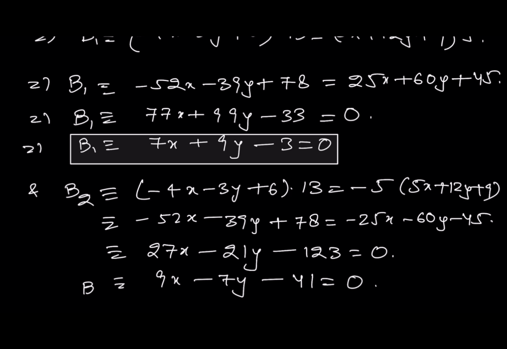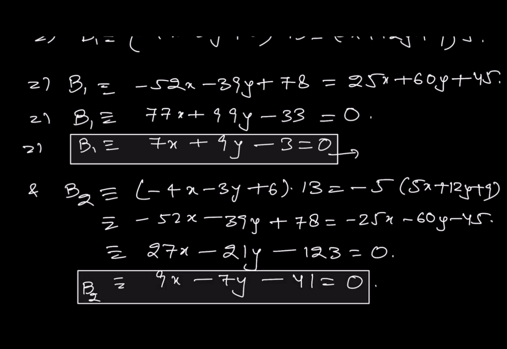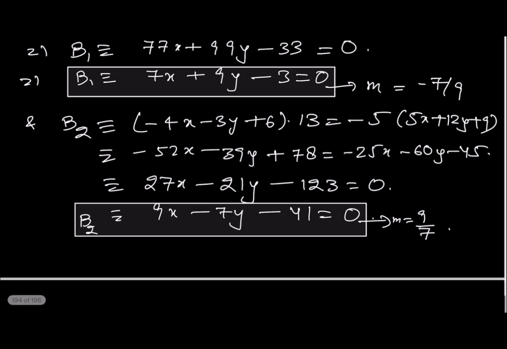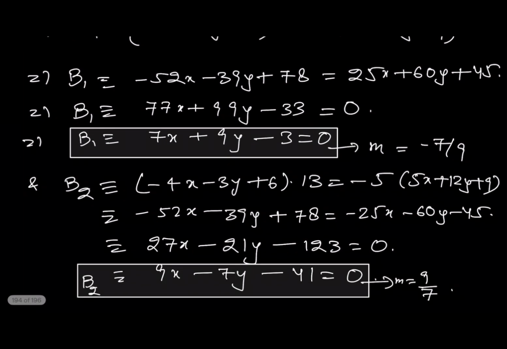This is B2. As we can see, B1 and B2 are perpendicular because the slope is minus 7 by 9 in this case, and for B2 the slope is 9 by 7. Okay, now these two are the equations of bisectors.